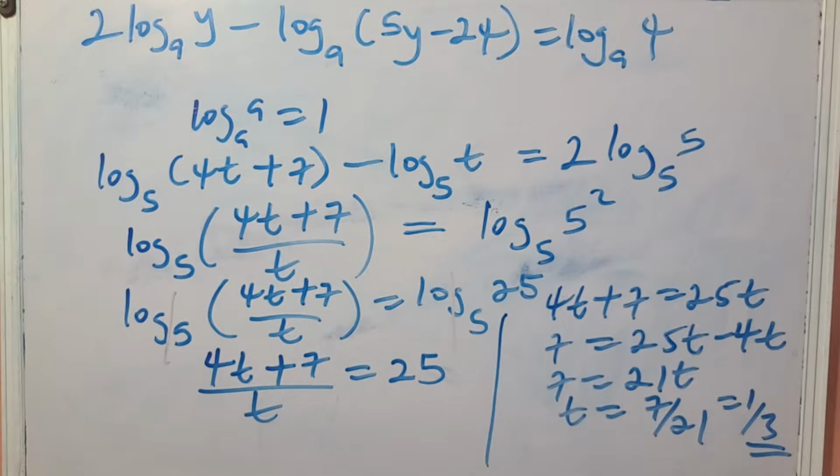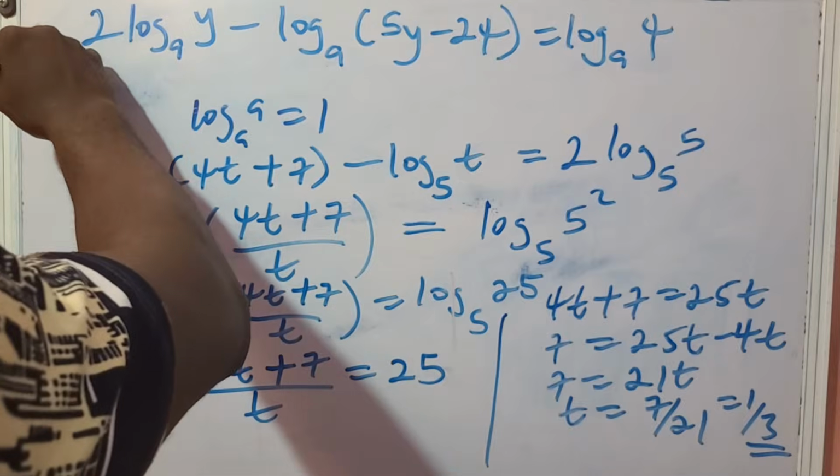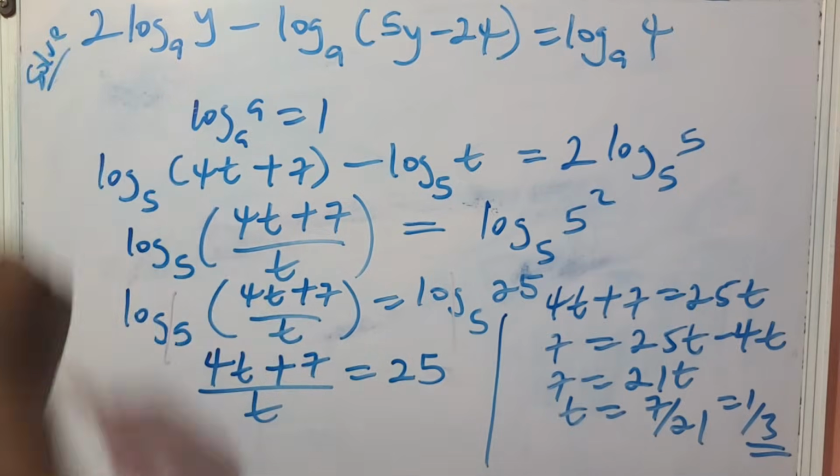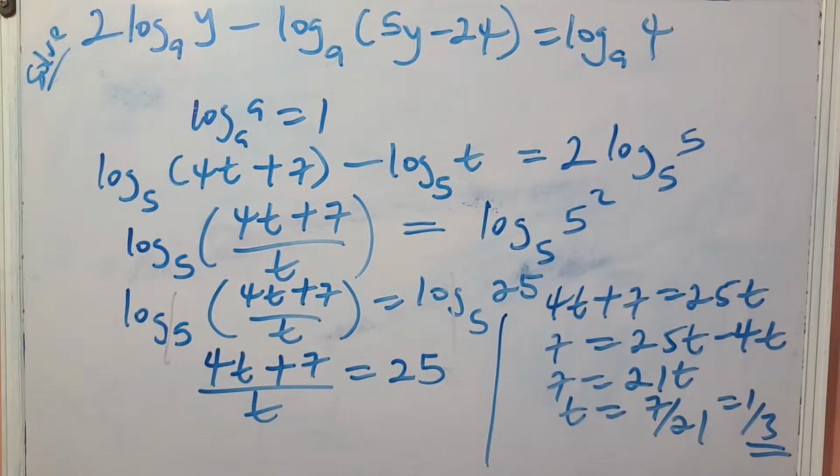As I said already, whenever you hear the word solve in any question, you want to find the unknown. So in this case, you want to find the values for y. So you have log y base a, you have log (5y minus 24) base a, and you have log 4 base a. So you want to solve this as soon as possible.